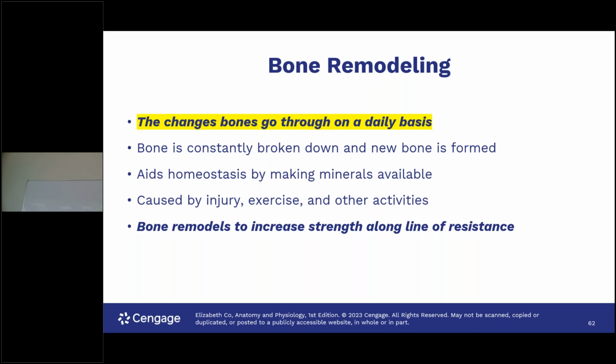Well, how about osteoporosis? Osteopenia, osteoporosis. In osteopenia, we're beginning the stages, and then in osteoporosis, we're definitely demineralizing the bone. Correct. Now you'll see here at the bottom of the slide, bone remodels to increase strength along lines of resistance.